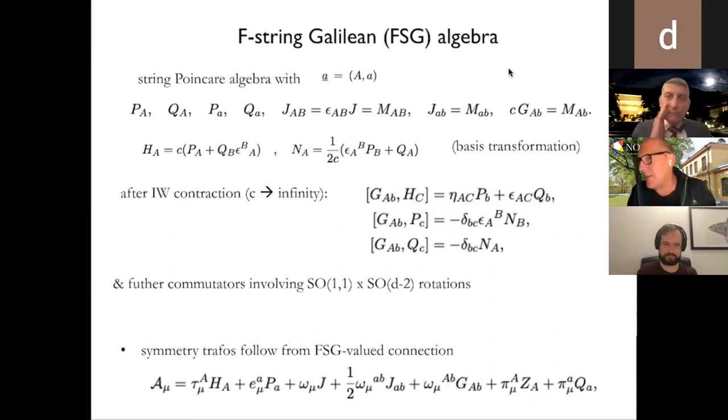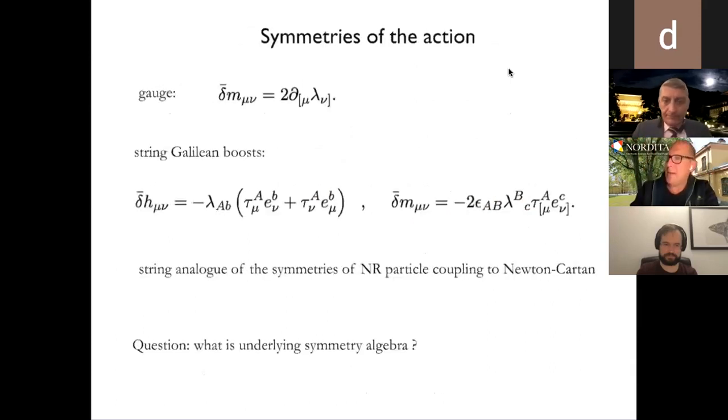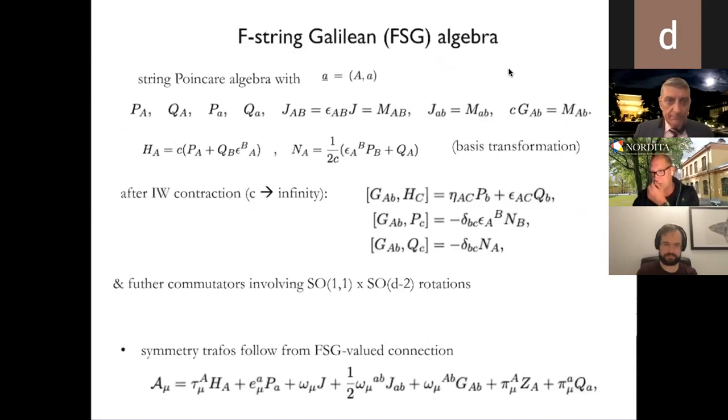Yeah, so that's this algebra, and then you can again check that from this algebra you can derive these transformation rules.